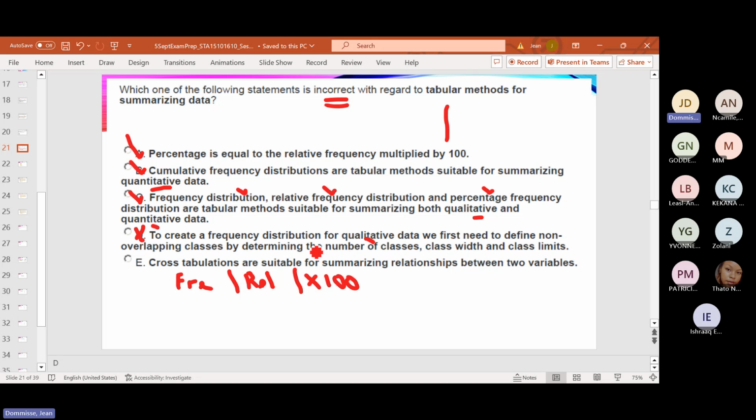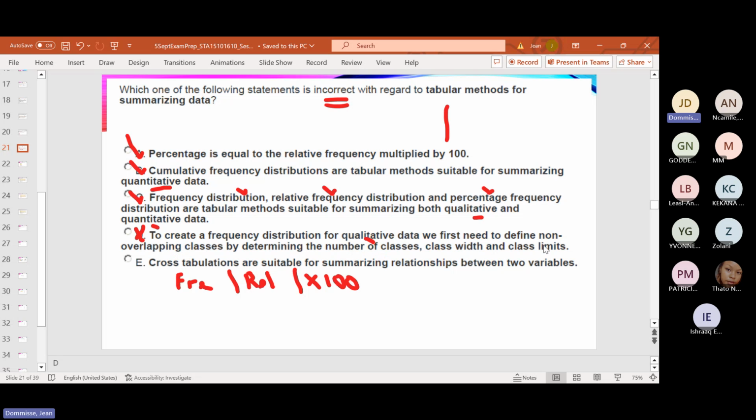There's no overlap in eye color. So you don't need to look at classes for qualitative data, whereas for quantitative data you will have a minimum and a maximum. You need to decide how many classes, what the class width is, all those kinds of things, but not for qualitative. Quantitative, yes, but not qualitative.